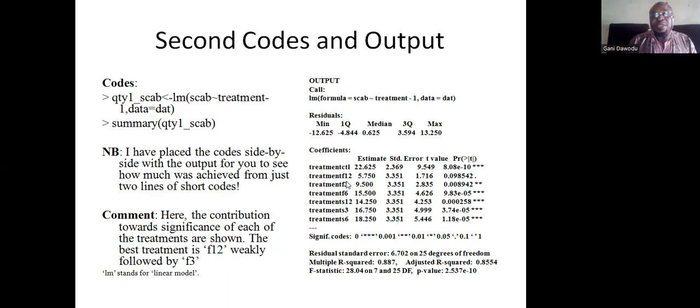So the actual treatment is fall at 12 level. That's the actual treatment. This is weak, but it also treats it. Meanwhile, lm stands for linear model. You do a linear model of scab based on treatment, that's what you get.